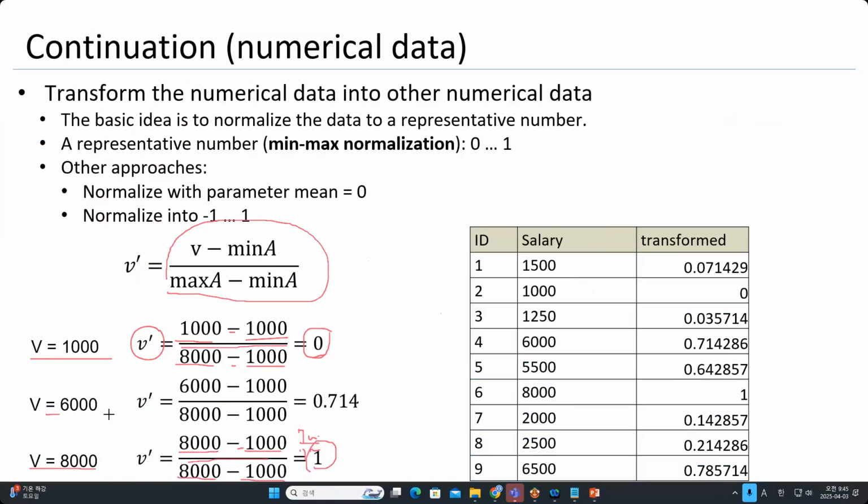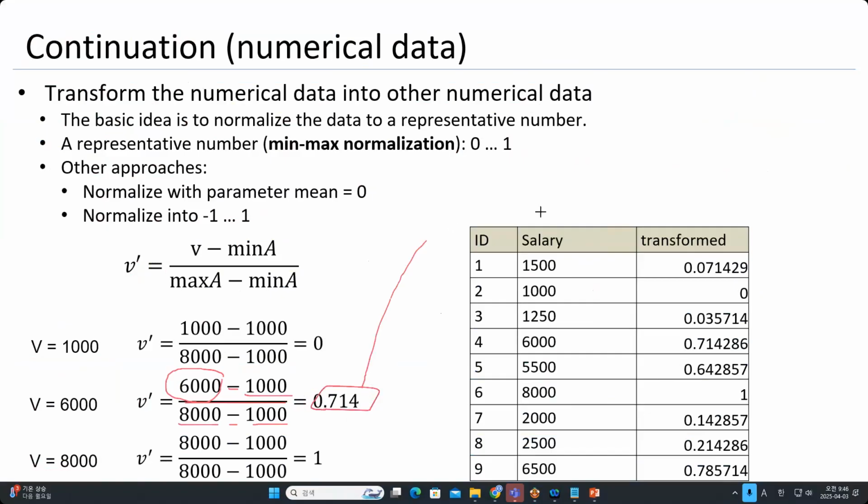What about the value 6,000? We get 6,000 minus 1,000 divided by 8,000 minus 1,000. So the new value will be 0.714.